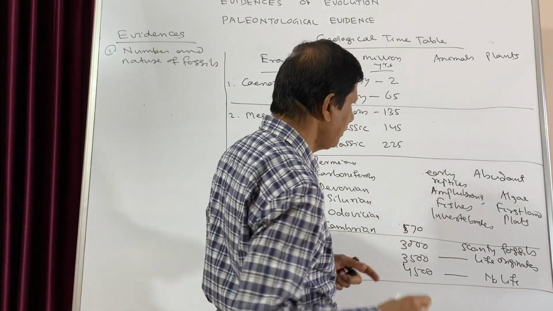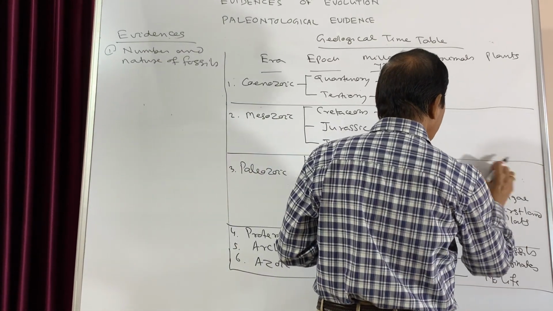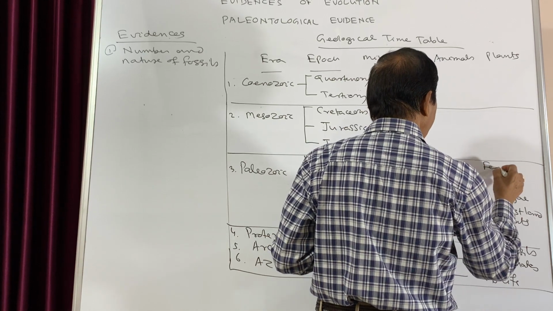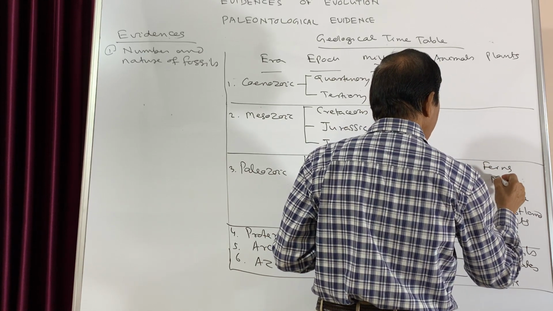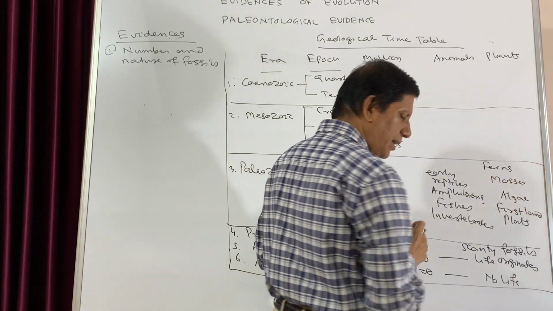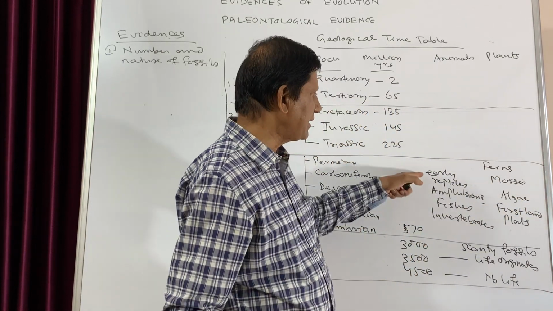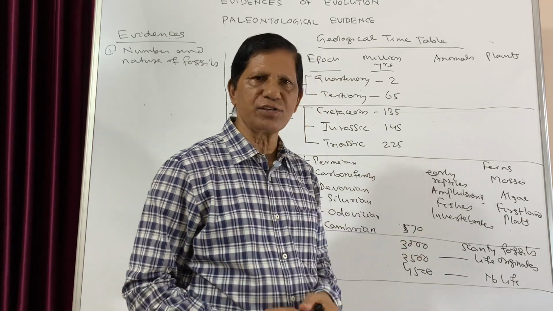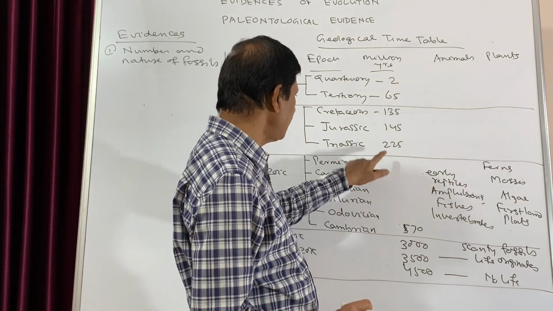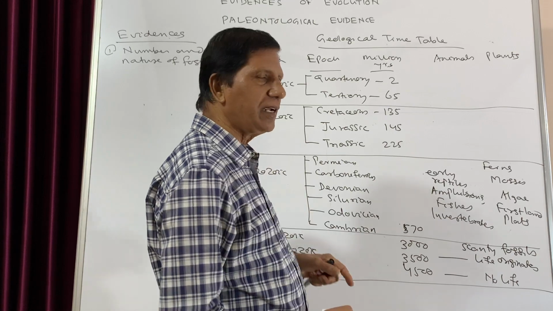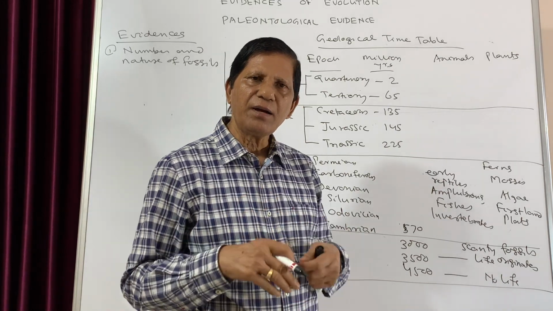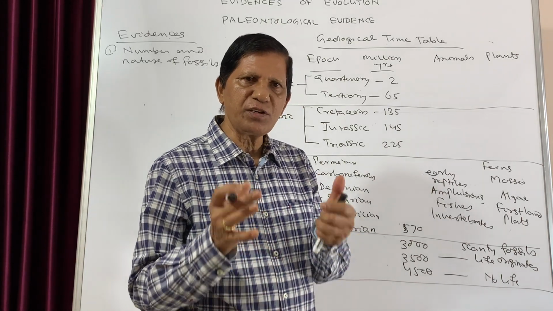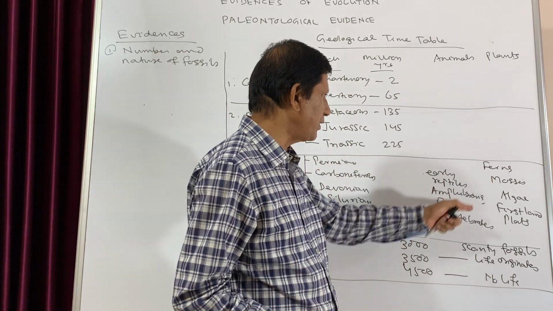We can also write the ferns and mosses. That means on the fauna side, the earlier reptiles, amphibians, fishes and invertebrates were abundant in this Paleozoic era, and they were fossilized. That means we get abundant fossils of these different forms.